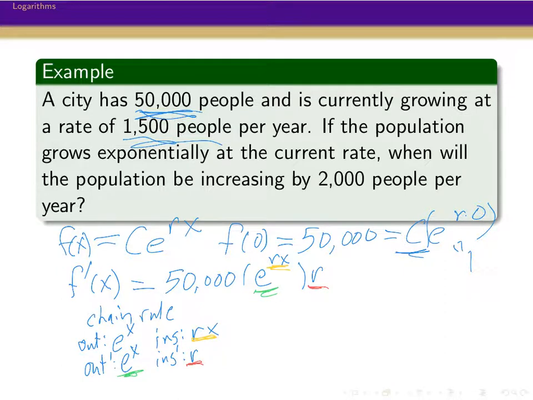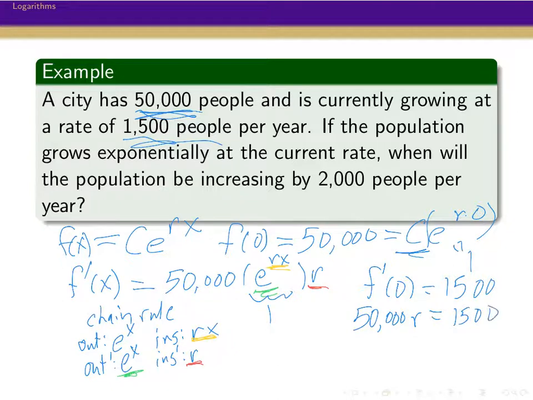And so the information we're given here is that f prime of 0 is equal to 1,500. Plugging in 0 for x turns that exponential into 1 again. So we have 50,000 times 1 times r is equal to 1,500. And so r is equal to 1,500 over 50,000.